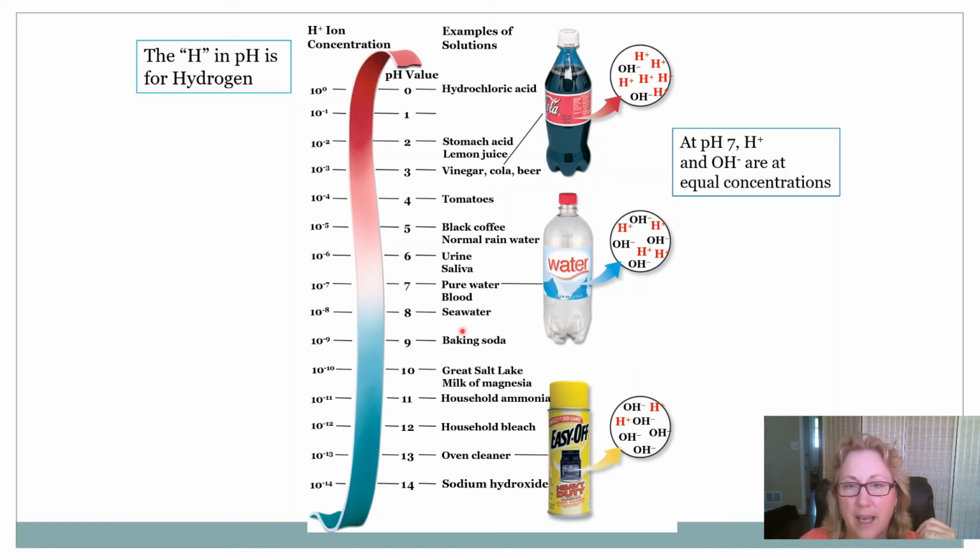Now, if you look at the alkaline side here, you see a lot of things that don't taste good. Baking soda, soap, detergent. In fact, things that are alkaline tend to taste bitter, soapy, unpleasant. Seawater, if you've ever tasted seawater, is a little bit alkaline.